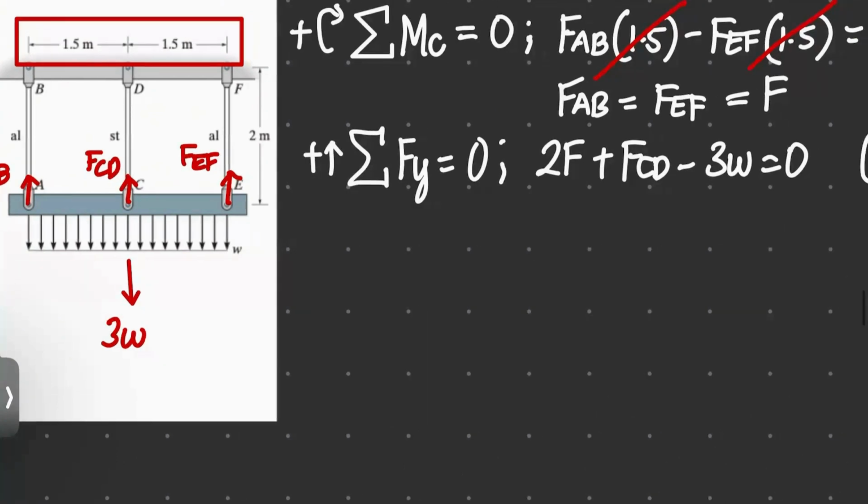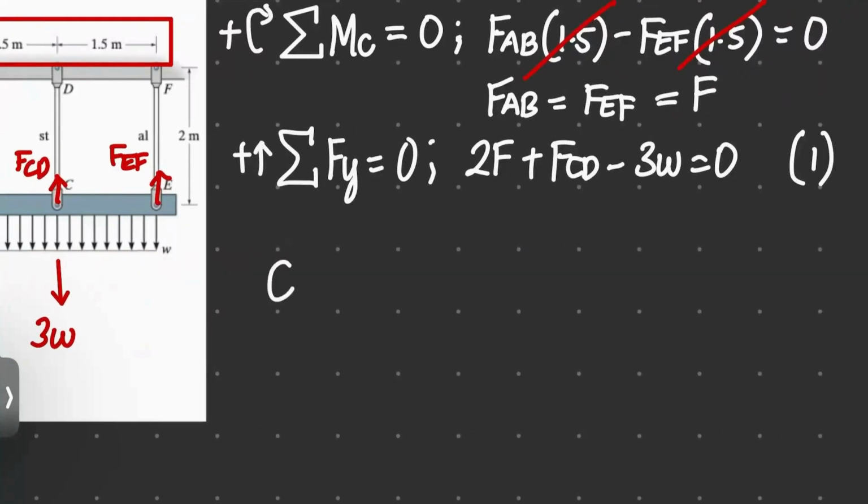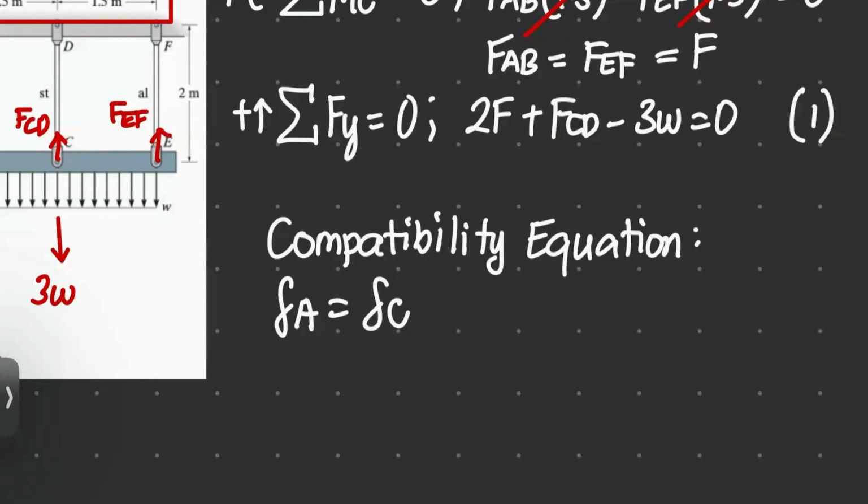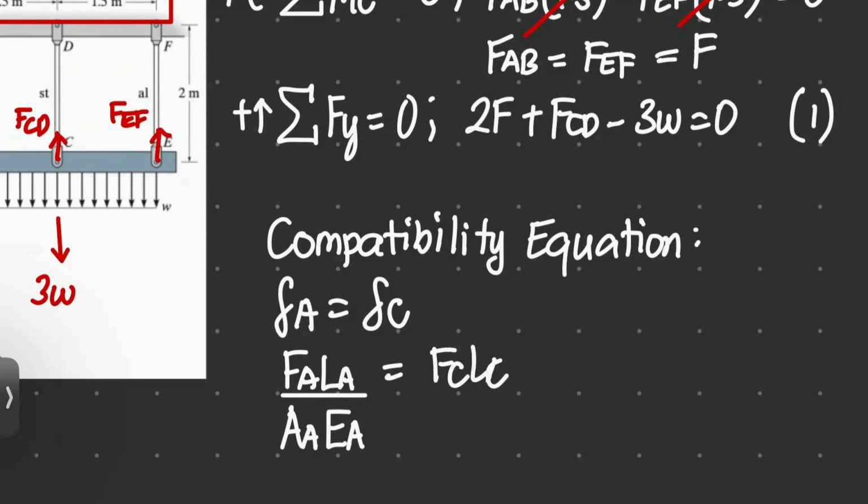So therefore, for our compatibility equation, the deformation in A is equal to the deformation in C. This means that the force at A times the length at A over the cross-sectional area of A and the Young's modulus or modulus of elasticity at A is equal to that for the C. Let me just complete the formula.